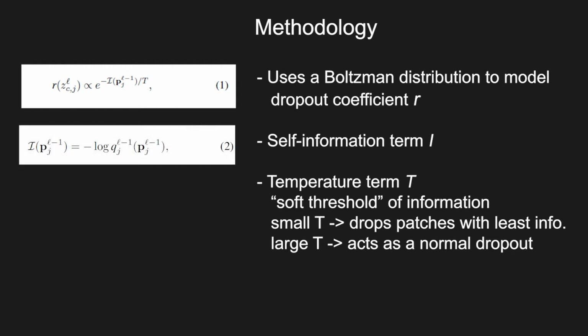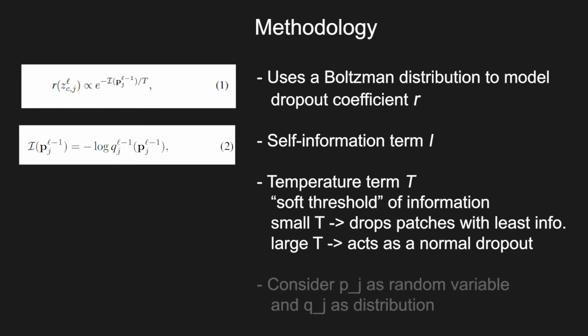In order to estimate I in the equation, the concept of self-information from Shannon's work is borrowed. Here, by considering input patch Pj as a random variable, Qj can be seen as a distribution from which Pj is sampled.